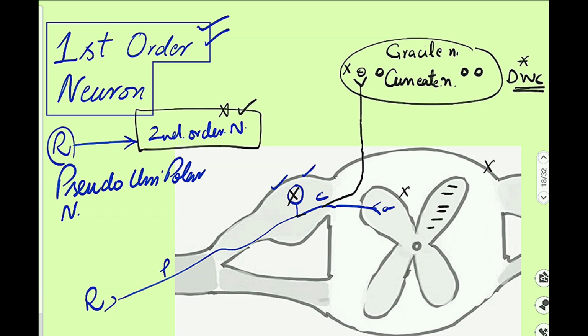Only in the dorsal white column tract the second order neuron is present in the medulla. So the first order neuron will not end in the spinal cord, it will reach the medulla to synapse with the second order neuron. Another important fact to note down here is that first order neuron will ascend and synapse with second order neuron in the medulla, but it will not cross the midline.